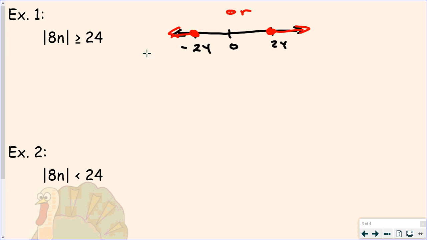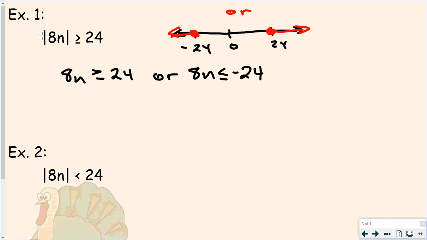So what we have are two inequalities: 8n is greater than or equal to 24, or 8n is less than or equal to negative 24. I'm getting this directly from the graph. I graphed it first, so I read what this meant.